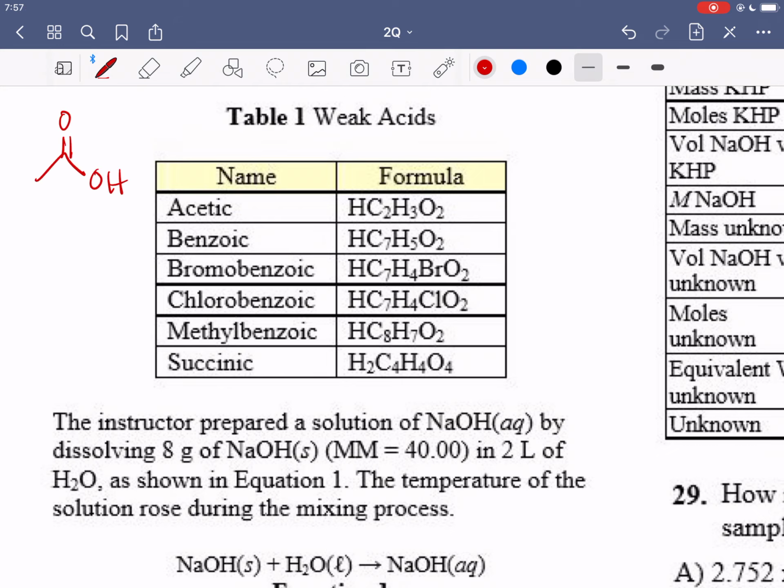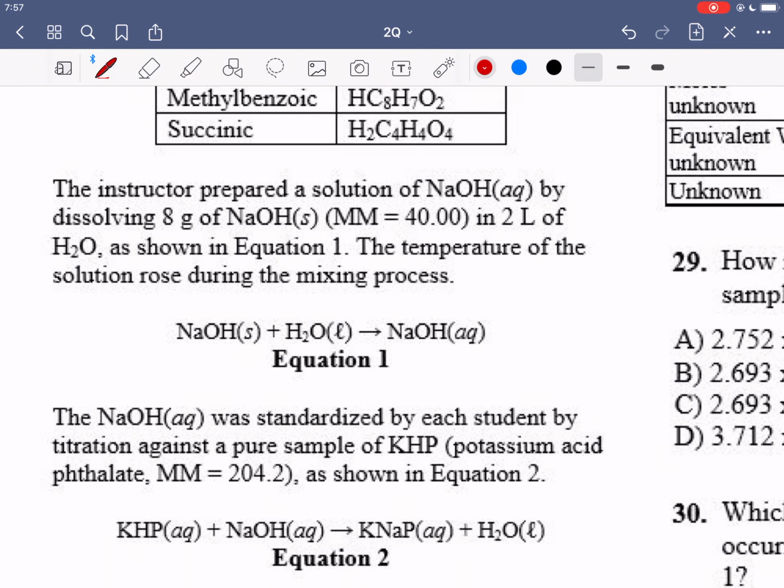Based on the names and these chemical formulas, you should know that all of these are carboxylic acids. And carboxylic acids, like acetic acid, are one of the go-to examples of weak acids, and we talk about them when we're talking about buffer systems. So you should know that these are all weak acids.